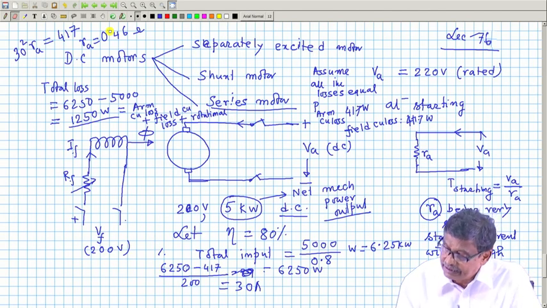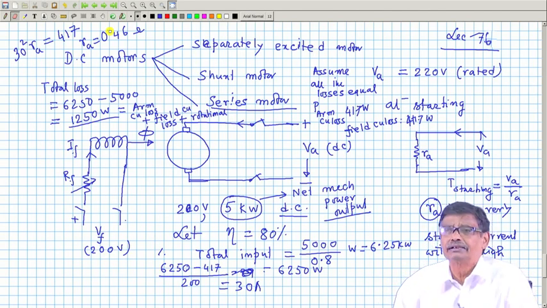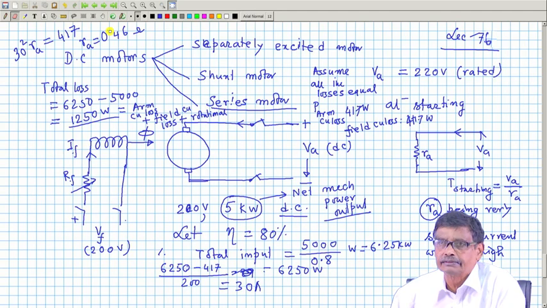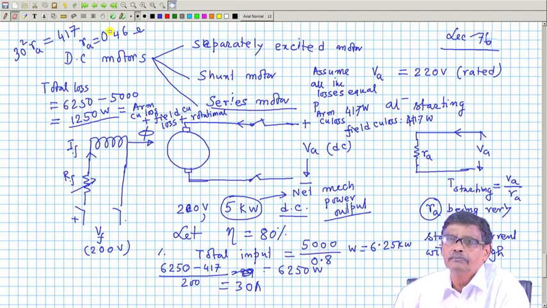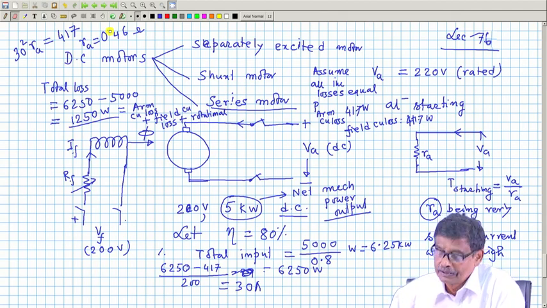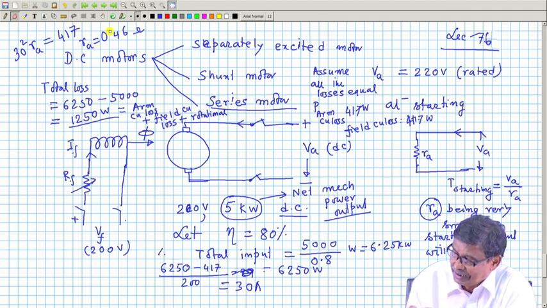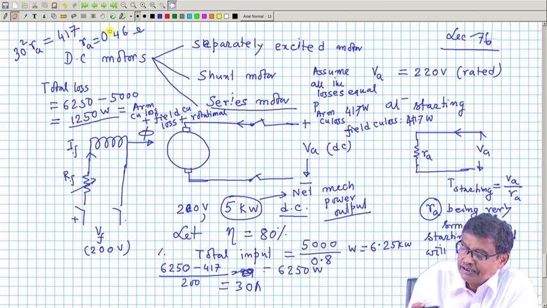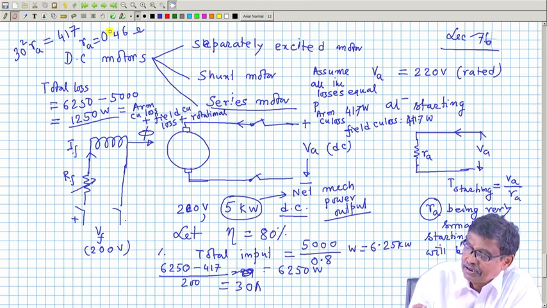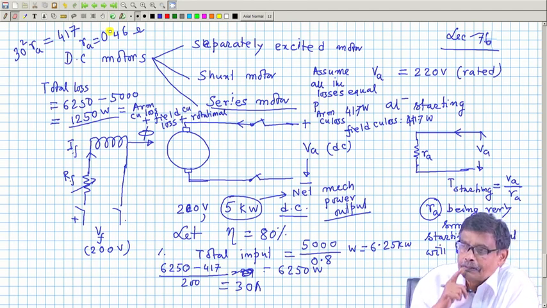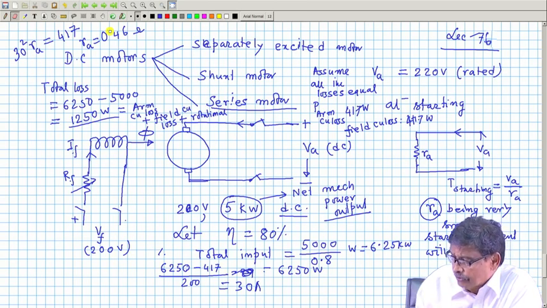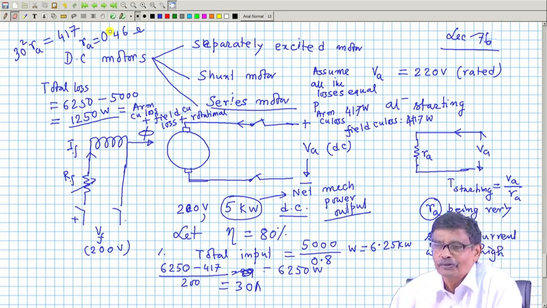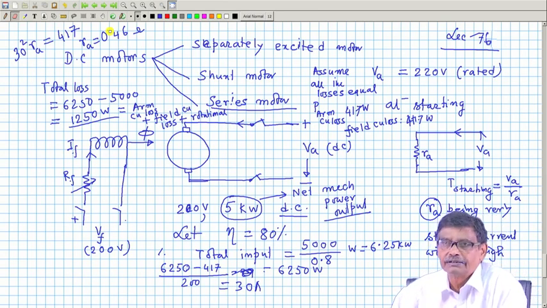A DC machine is given, and we say the armature resistance is small. That does not make sense by itself. Small means what? Milliohm, micro ohm or 1 ohm, whatever it is. You can easily see the rated current of the machine I have estimated is 30 ampere. If somebody says this machine has 2 ohm armature resistance, calculate the copper loss when rated current flows. It will be very high and efficiency will be very poor. So 2 ohm is not small.